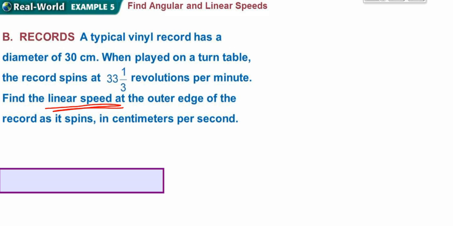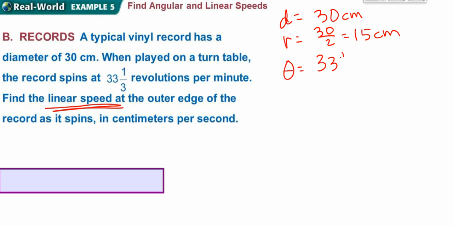So we want to keep that in mind. The diameter is 30 centimeters, so the radius is 30 divided by 2, or 15 centimeters. Theta was 33 1/3 times 2 pi, and I said that was 200 pi over 3. Is that right? That's how I said it, because I don't have a calculator.